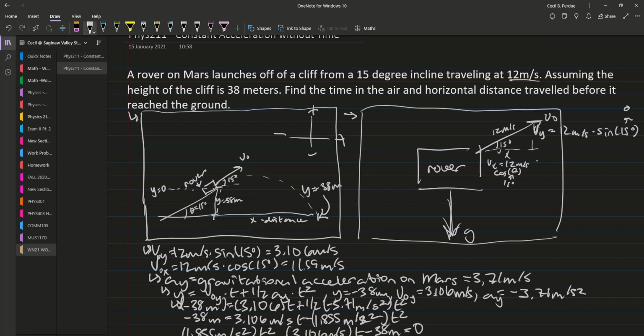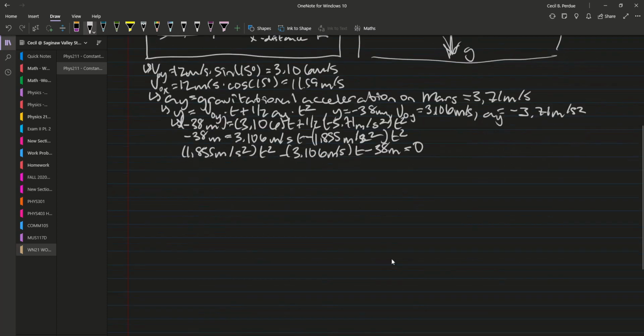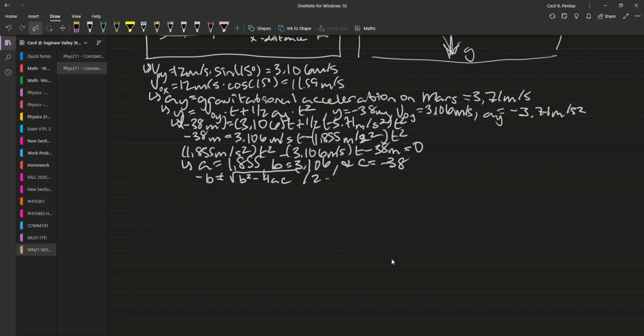Now we're going to be able to use the quadratic formula in order to further solve it. We can then say that a is equal to 1.855, b is equal to negative 3.106, and c is equal to negative 38. The quadratic formula is negative b plus or minus the square root of b squared minus 4ac all over 2a is going to be equal to our two possible time values.